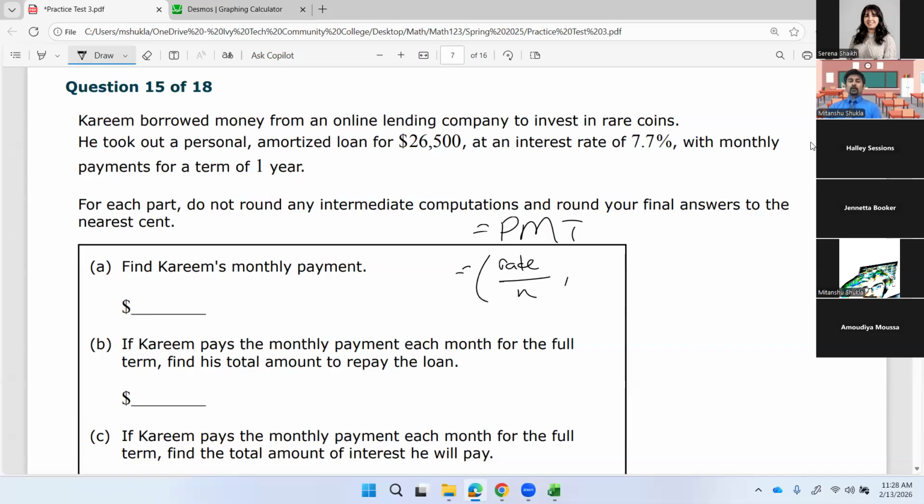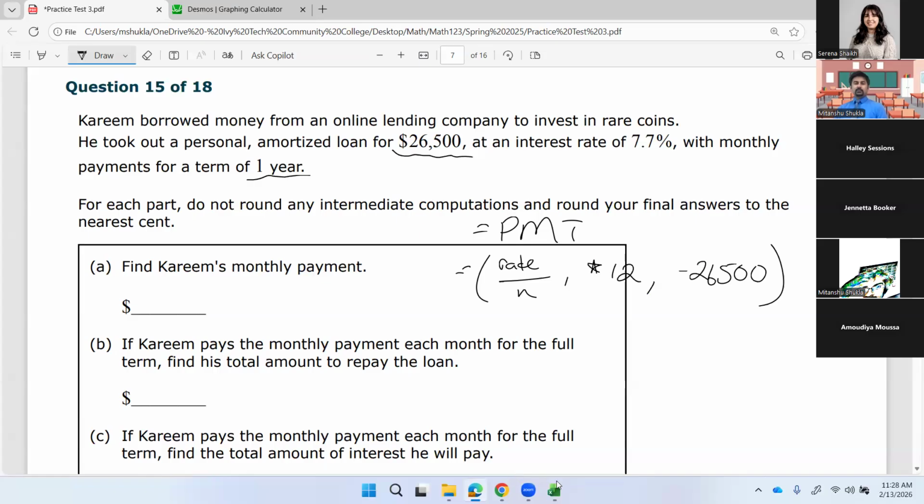Depending on how many times I'm going to make my payments, it's for 1 year, so it's 12, comma, and however much money I borrowed. I borrowed 26,500 bucks. So minus, because I borrowed.